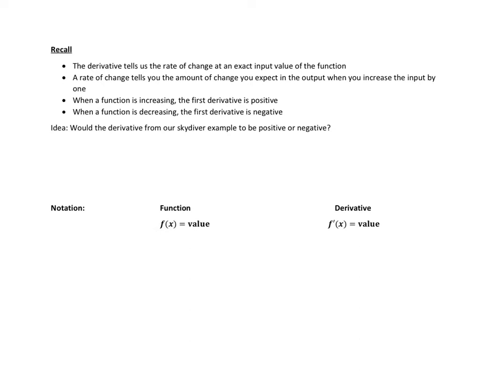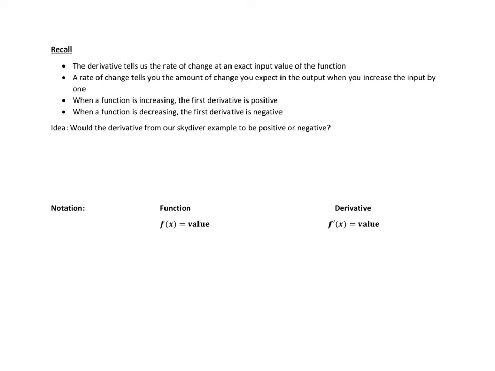Okay, so we're going to move on with some interpretations and really understanding notation, but a few things to remember. The derivative tells us the rate of change at exactly one input value of the function, at an exact point within that function. A rate of change tells you the amount of change you expect in the output when you increase the input by 1.